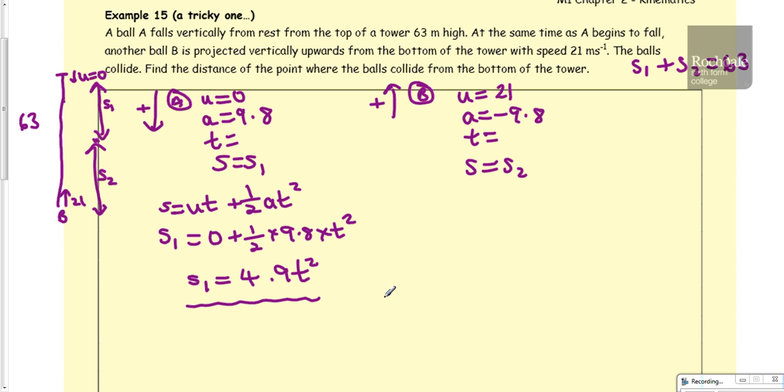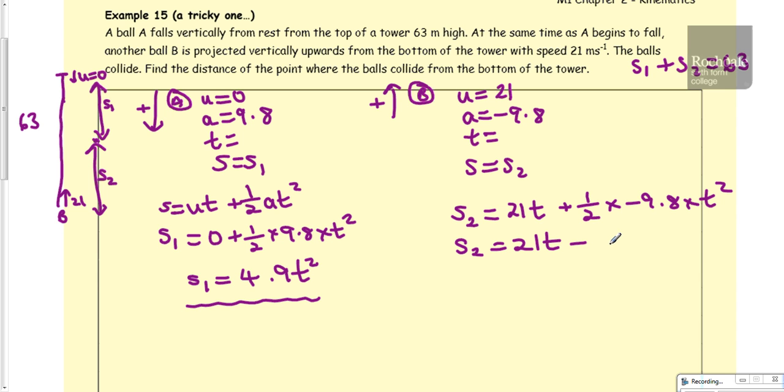We don't know S and we don't know t. If we did the same thing for this second particle, same equation, S2, the distance travelled there, will be ut, so it's 21t, plus a half a t squared. So S2 is 21t minus 4.9 t squared. And again, that's probably about as far as we can go really with the algebra on that one.